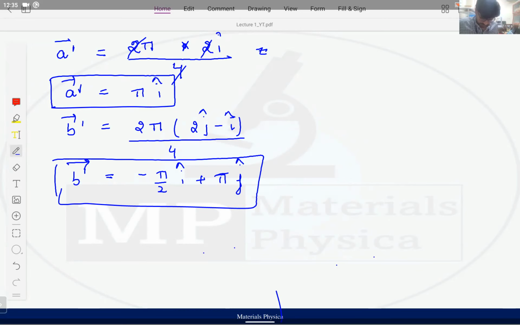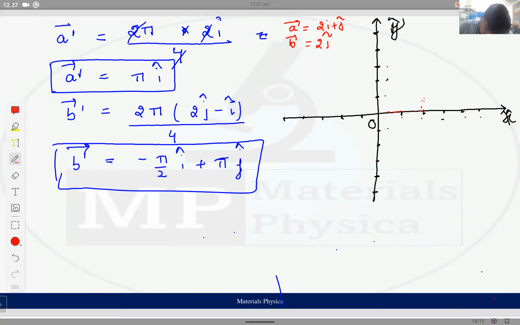We can also visualize this. Our a vector is 2i plus j, and the b vector is equal to 2j.